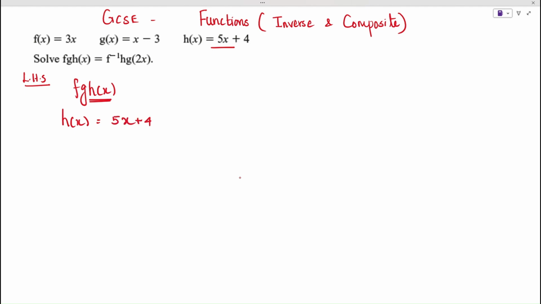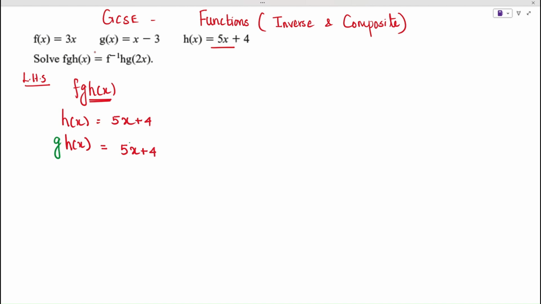So now we substitute h of x into the x part of our g of x function. So it will be g of h of x. And so this is equal to 5x plus 4.